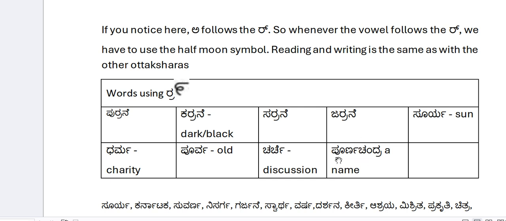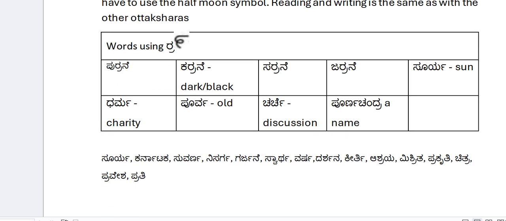And here, this word has both Arka Ottu and the normal half moon symbol. How do we read it? Purna. Chandra, this will be read as Dra. Purna Chandra.